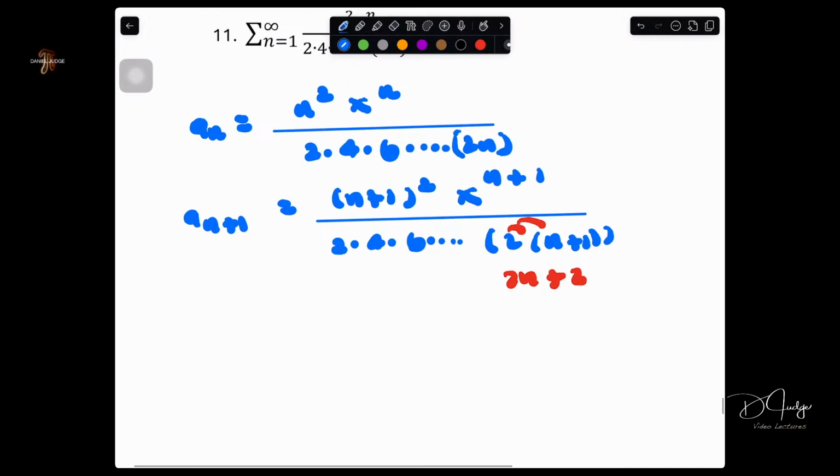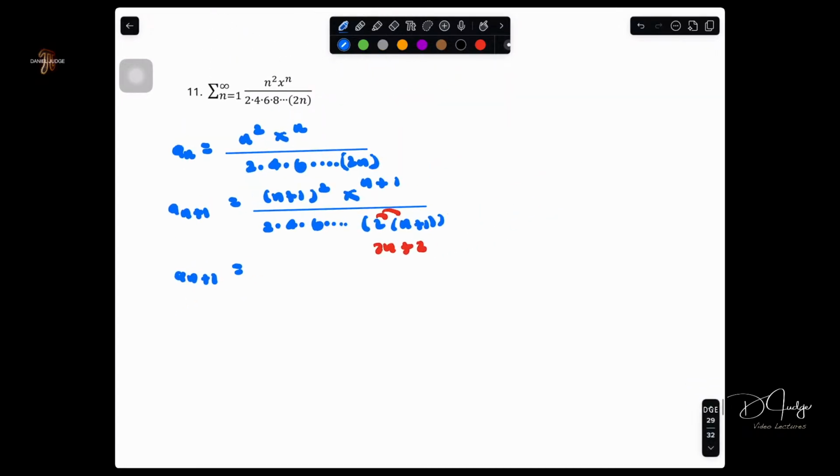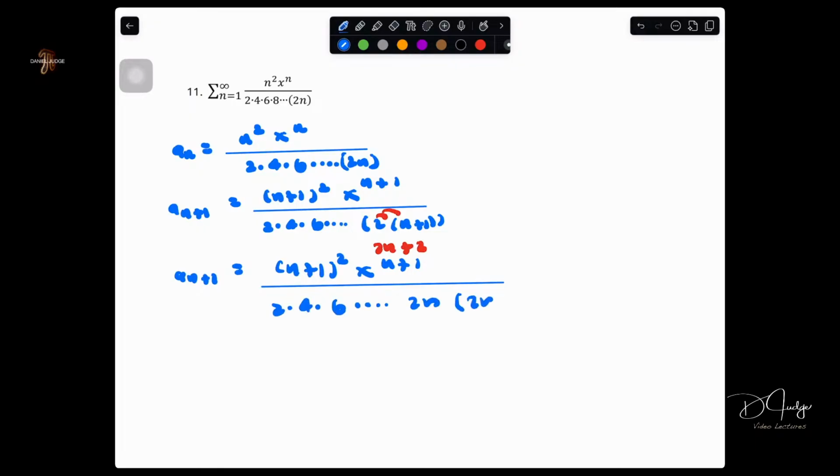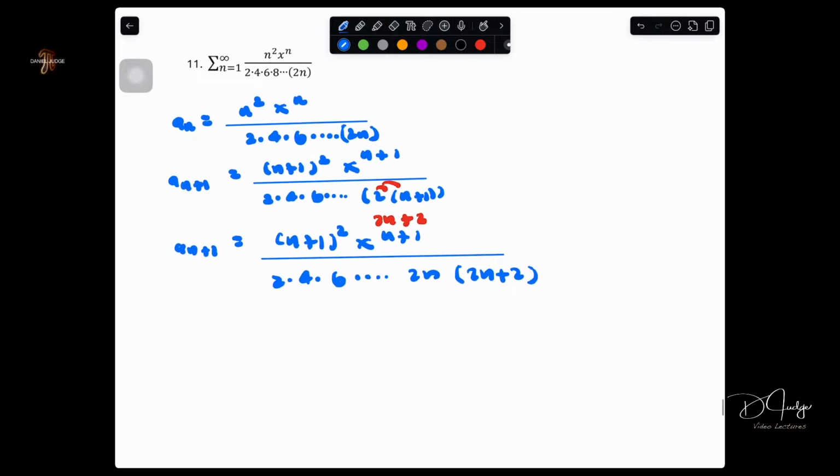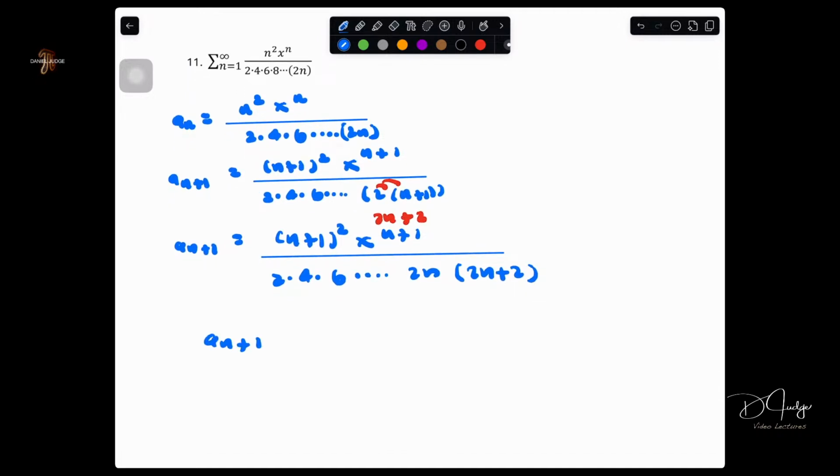So I'm going to write the next term strategically, if I even said that correctly. N plus 1 squared, x to the n plus 1 over 2, 4, 6. You're going up to 2n, and then you go up to 2n plus 2. That's really what's happening here for this particular question. So now let's take the ratio of these two.